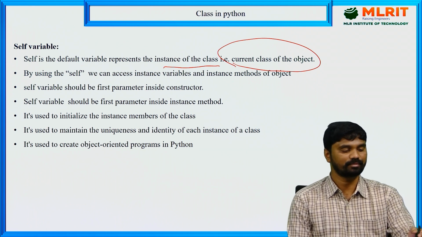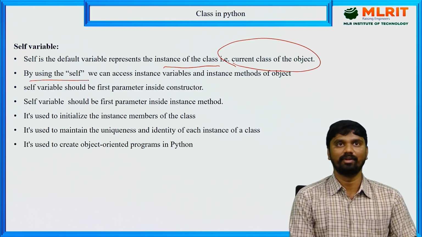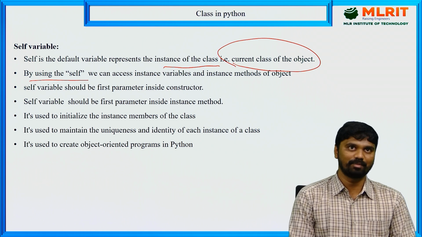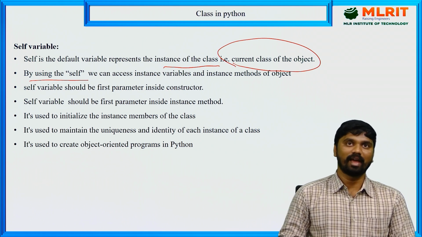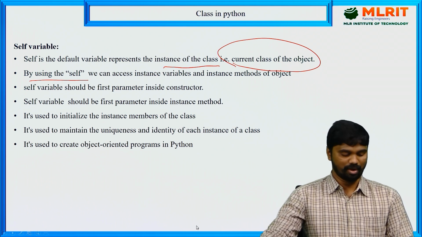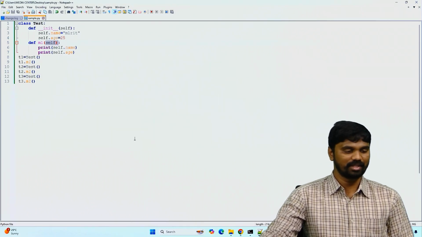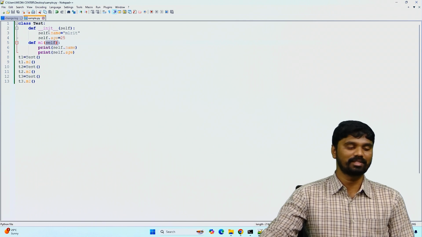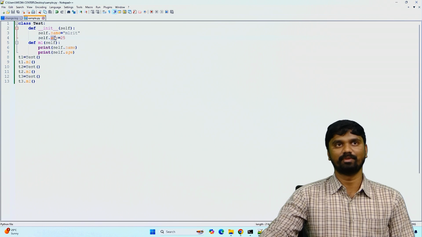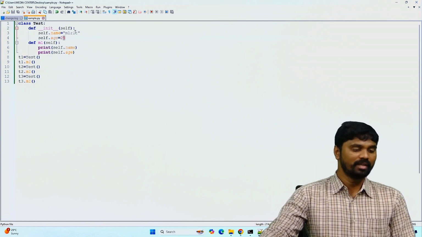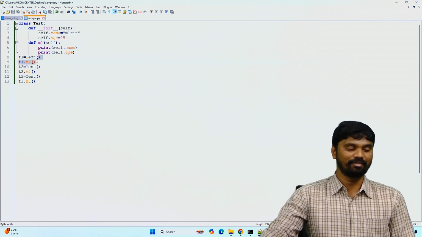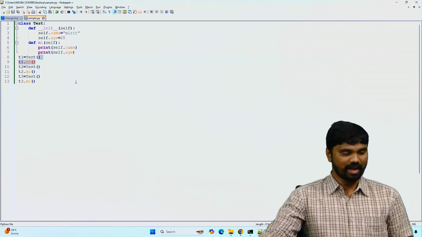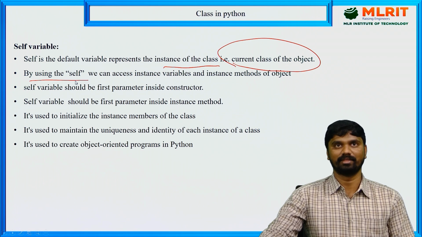Next, by using the self variable, we can access the instance variables, initialize the instance variables, and also access the instance methods of the object. In this program, using the self variable, we are declaring or initializing the instance variable, and we can also access the instance methods.